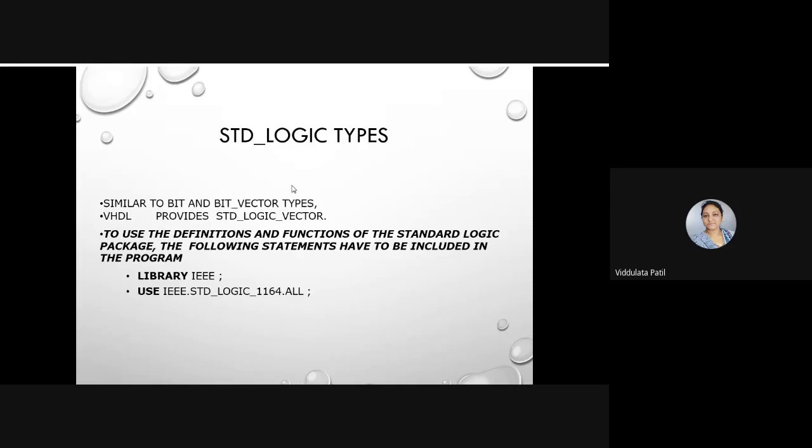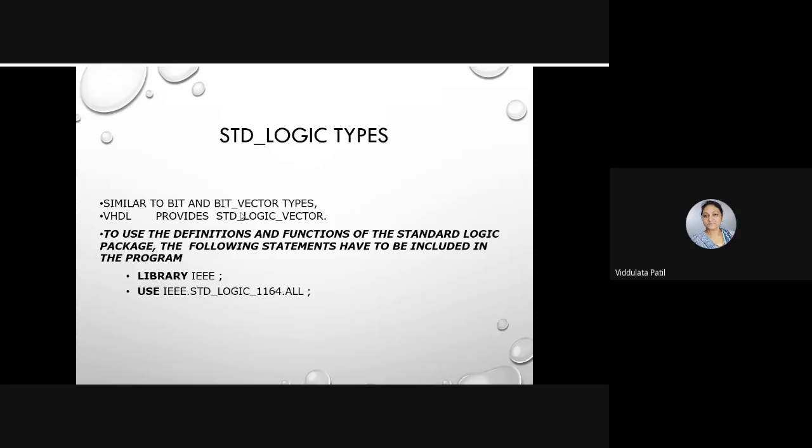Similar to bit and bit_vector types, VHDL provides std_logic_vector also. That means it will be a vector having all these different values. To use the definitions and functions of the standard logic package, the following statements have to be included in the program.